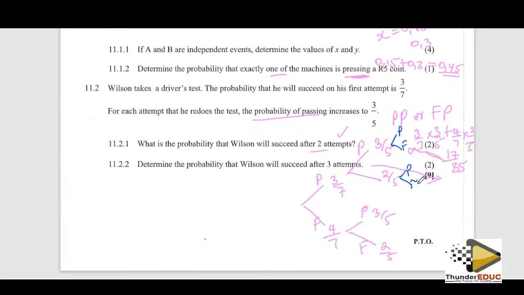Pass or fail, pass or fail, so it's 4 different options. If you follow the branches, the 3/5 and the 2/5 will remain. So I'm getting 0.6 if I combine all of that.